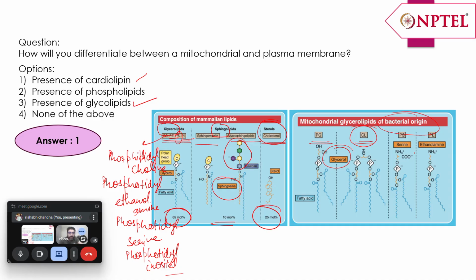Okay, then we have phosphatidylserine and phosphatidylethanolamine, which is another type of glycerolipid. Okay, so cardiolipin is a major category that is present only in mitochondria, and that will help us differentiate between the mitochondrial and the plasma membrane.